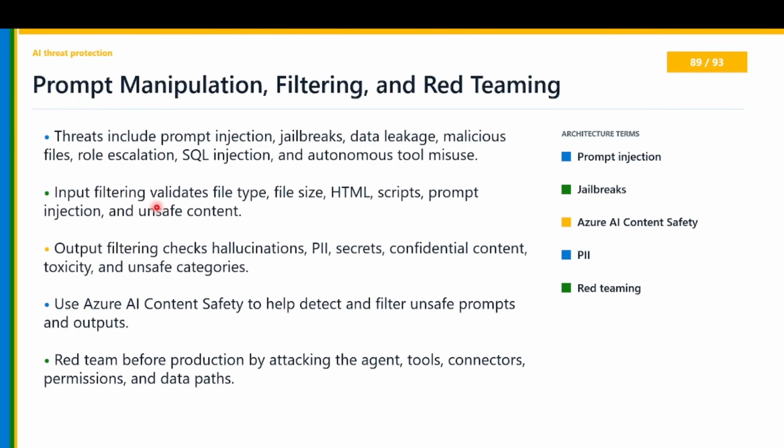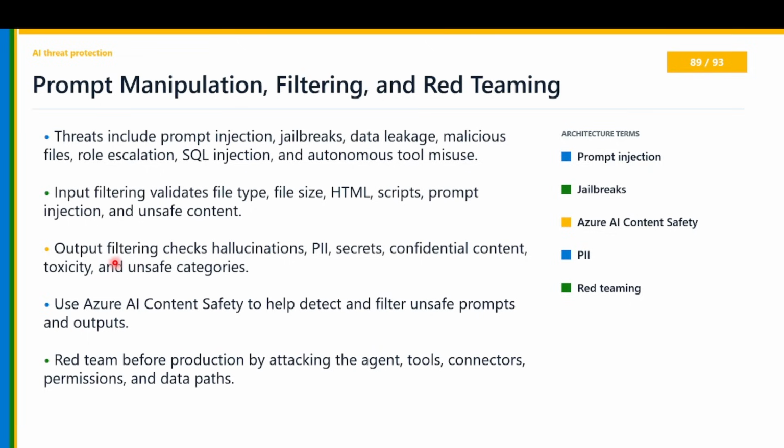Point 2, input filtering: validate file type. To protect against most of this, you can implement input filtering to validate file types, file size, HTML, scripts, prompt injection, and unsafe content. So input filtering can protect against all of this when you implement it correctly as a guardrail. Then the next point we have here is output filtering.